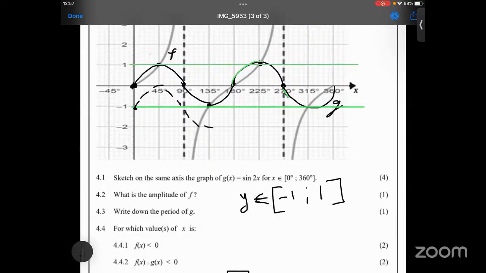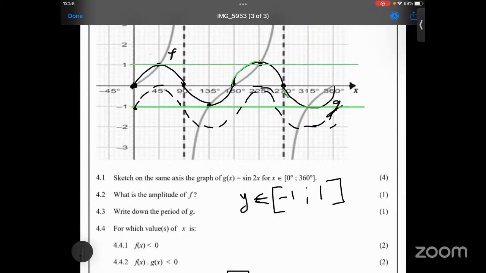Can you see? Something of that nature, even though I may not have drawn it to the correct scale, but I believe you've got an idea of what it is. So you've just shifted.